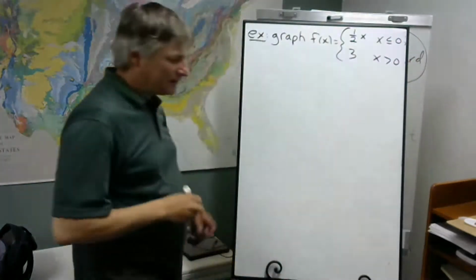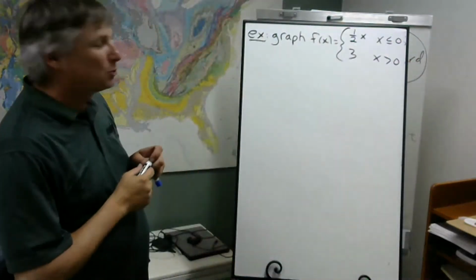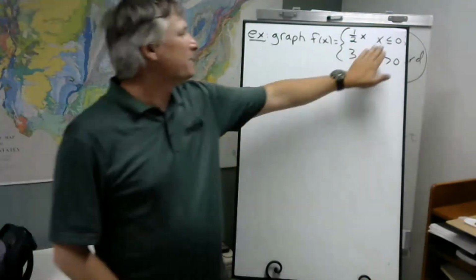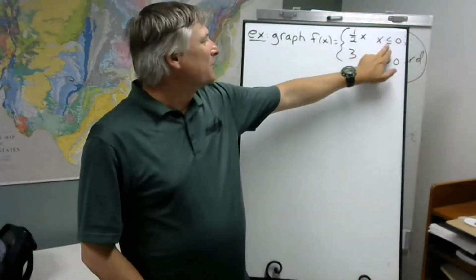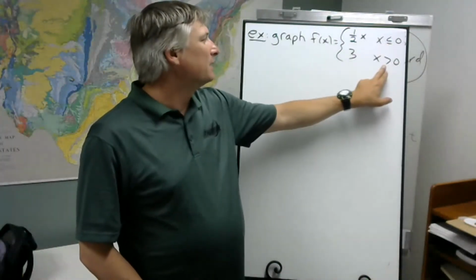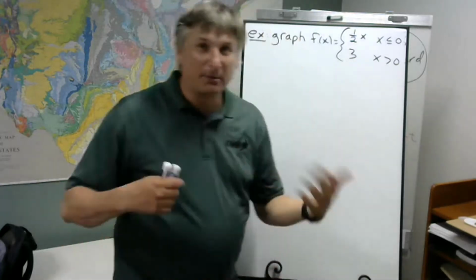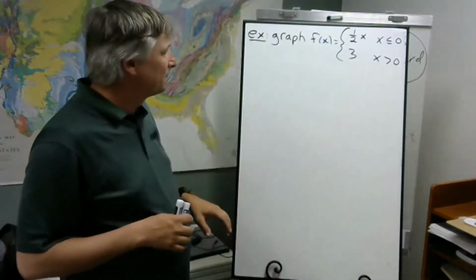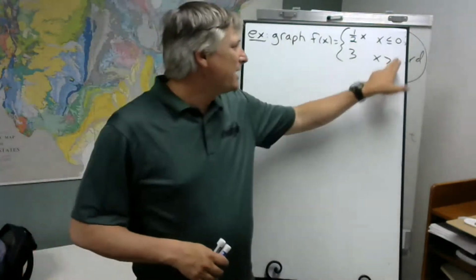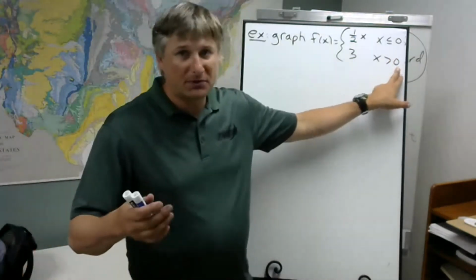So now they're kind of switching it up a bit. Here now we're going to be ending with an equal and then beginning with an open. But looks like they'll switch that up a bit, and we'll see what happens. But again, the key thing is 0. This is where we're seeing change.